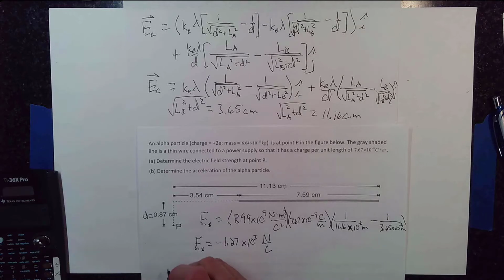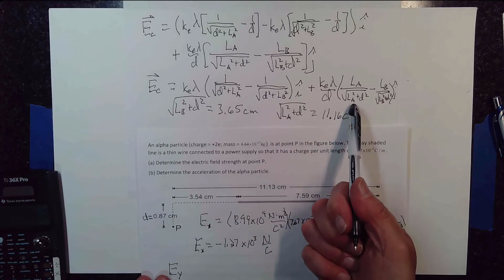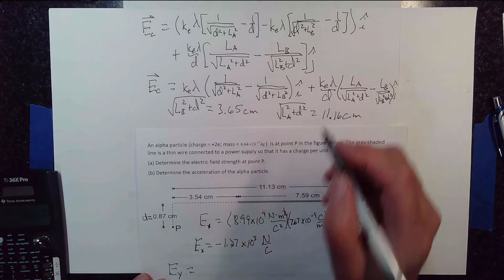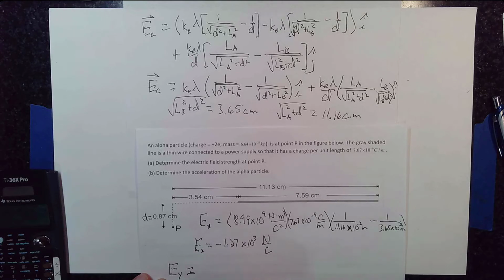All right, let's do E sub y here. I had an expression for it there, K sub E times lambda divided by D, and I have to be careful to take care of all my units on this thing. So let's see, 8.99 times 10 to the 9th newton meters squared per coulomb squared.